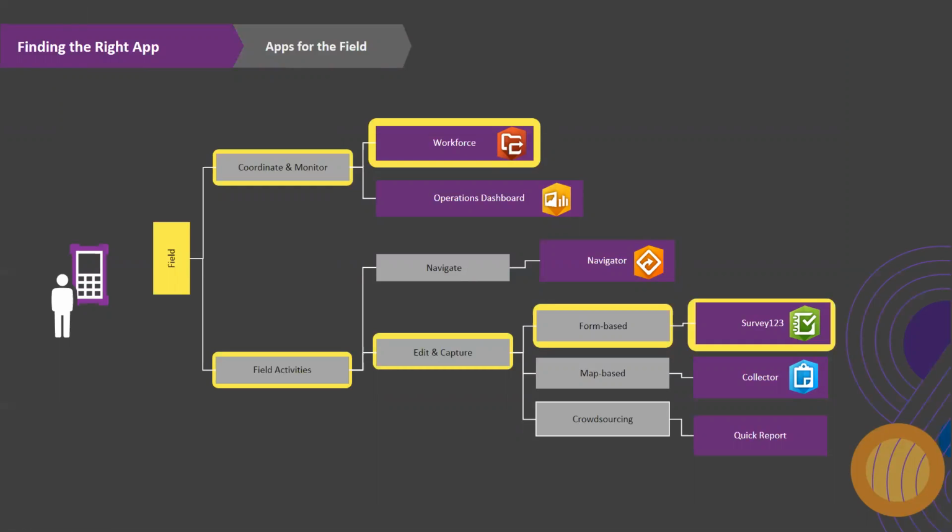So as we can see from here, we have 2 main functions that I have highlighted in this workflow. First, we have coordinate and monitor. So if you would like to have an administrator perhaps, which will be stationed in the office, and you have a set of workers that will be deployed on the field to collect the necessary information or data set, you can make use of Workforce for ArcGIS to capture that particular outcome.